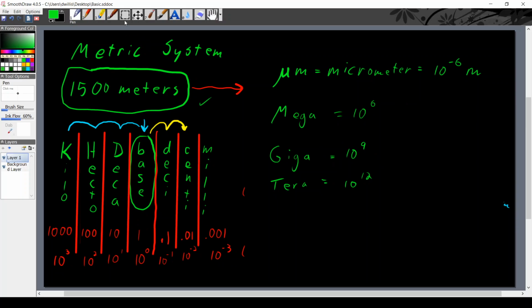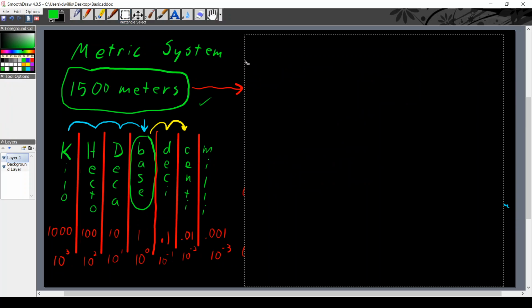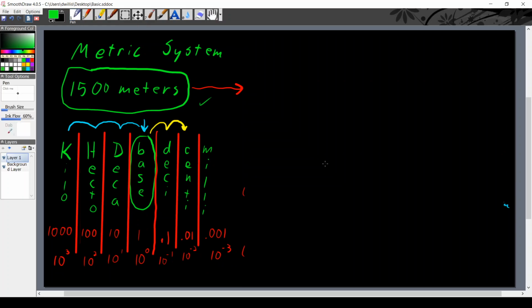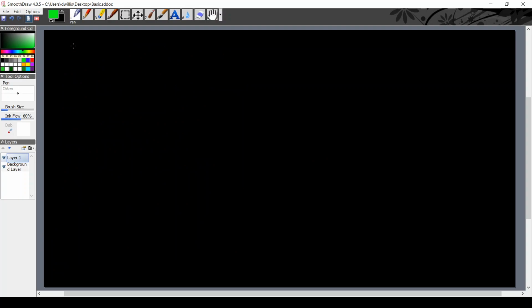All right, let's clear that off again. And I tell you what, in fact, I'm going to clear the whole screen now, and we're going to move to something called dimensional analysis. All right, so we're going to move to dimensional analysis.